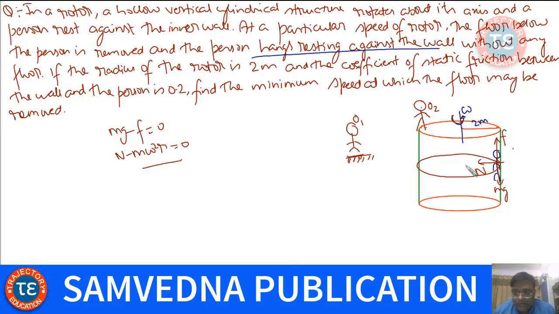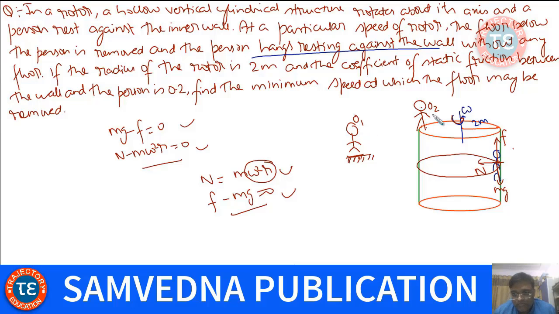So in a way, he is accelerating in the radially inward direction. So the net force in the radially inward direction is n, and that would lead to mass into acceleration. This is centripetal acceleration, because O1 is finding this person moving in a circular motion. So a person moving in a circular motion means he is accelerating in the radially inward direction, right? And he will also find this person to be in vertical equilibrium. So you have F minus mg is 0. So you got the same equation. The equation will be the same.